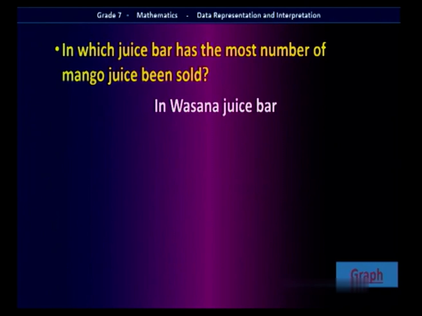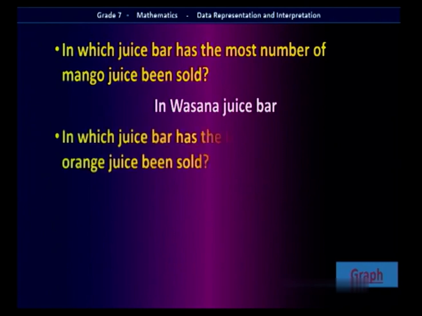Now I am giving another question. In which juice bar has the least number of orange juice been sold? What is the question? In which juice bar has the least number of orange juice been sold? Least number of orange juice. Let's go to the graph now.